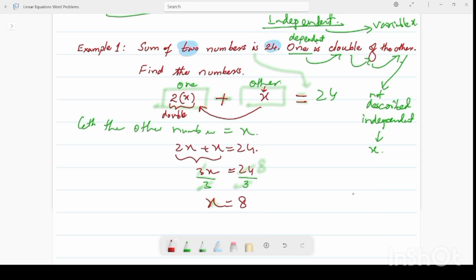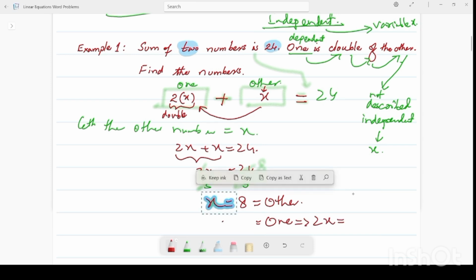So now this is the number, the other, because this was actually the other. And the first one was the double of x. So 2 times x, but now we found the value of x, which is 8.